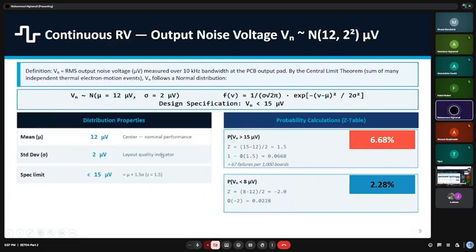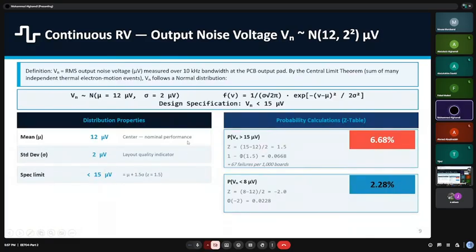The first continuous random variable is the output noise, Vn. We have here a mean of 12 microvolts, a standard deviation of 2 microvolts, and the specification limit is below 15 microvolts.